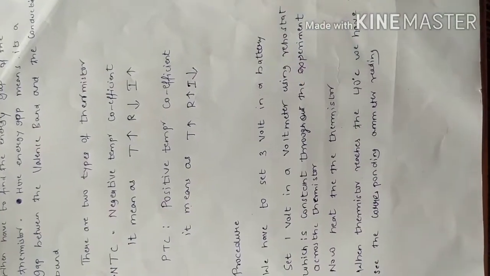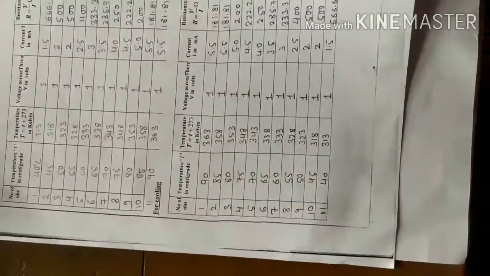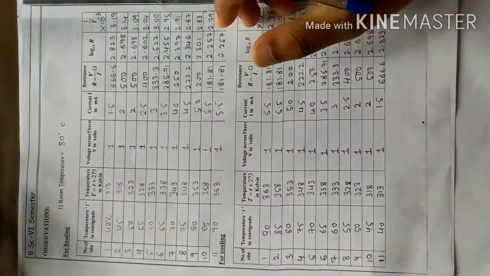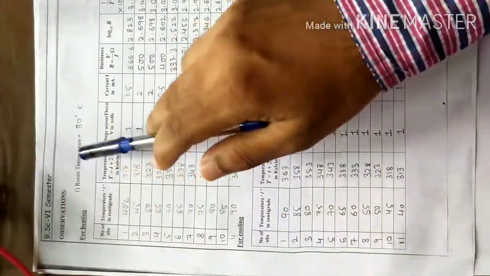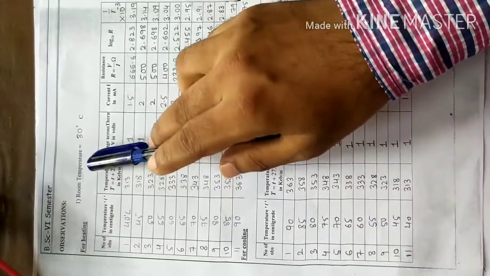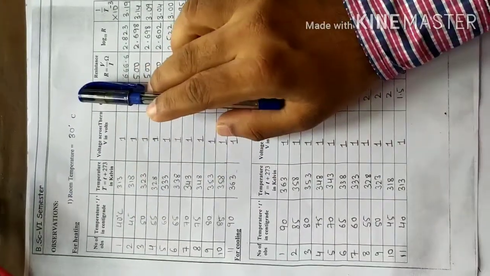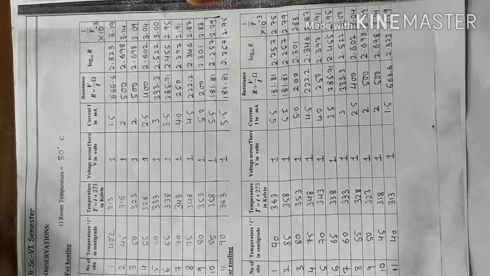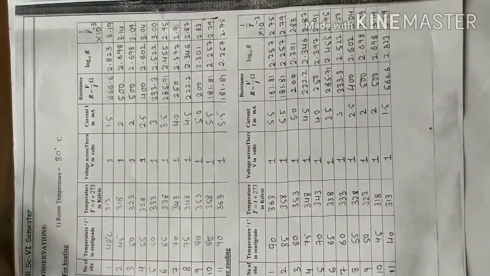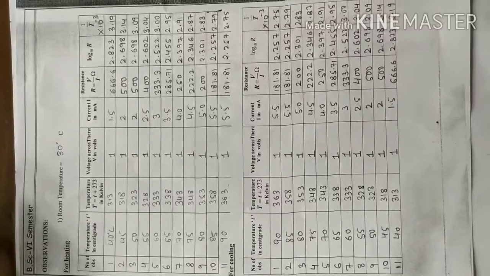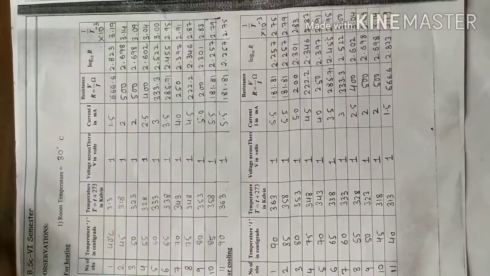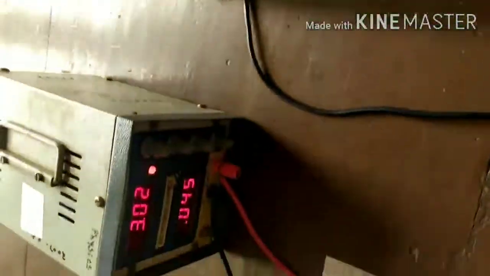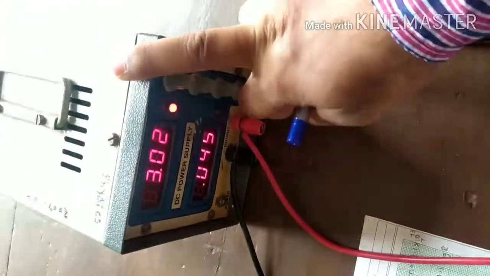Now let's move to the observation and the tabular column. In observation, first we have to note down the room temperature, that is 30 degrees Celsius. Next, before going to the procedure, let's see what values we have to keep in the ammeter and the battery. In the battery, first we have to keep 3 volt.